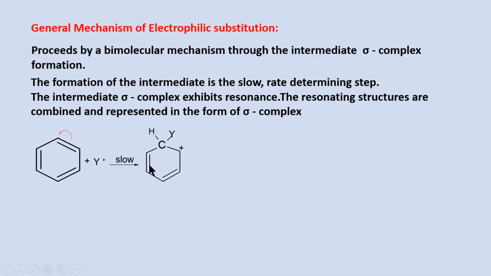Now it has 2 more pi bonds, so 2 more resonating structures are possible. When this pi bond is shifted over here, the positive charge will come over this carbon. Now in the next resonating structure, the bond is shifted here so that the positive charge comes over here.